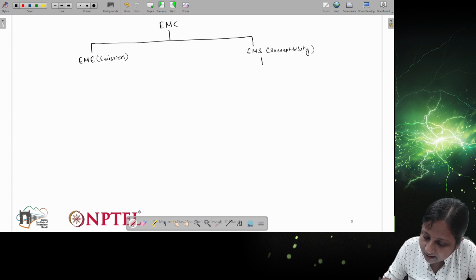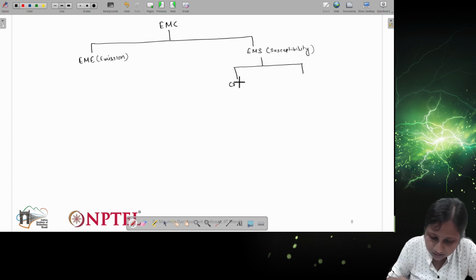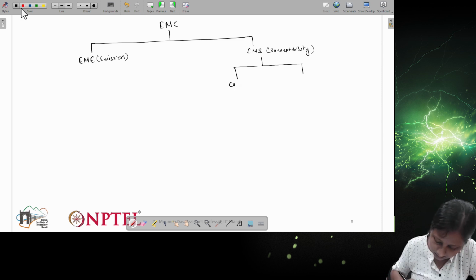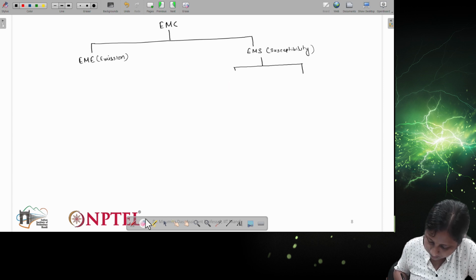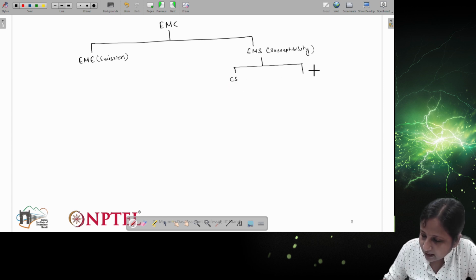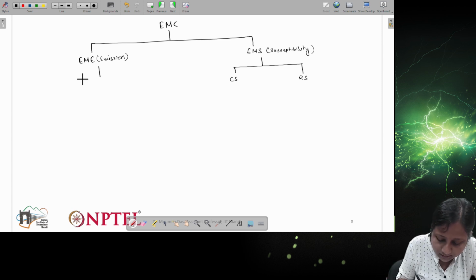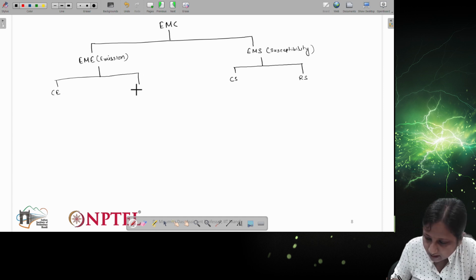Electromagnetic susceptibility again can be classified into two types, that is conducted susceptibility and radiated susceptibility. And the emission can be divided into two types again, conducted emission and radiated emission.